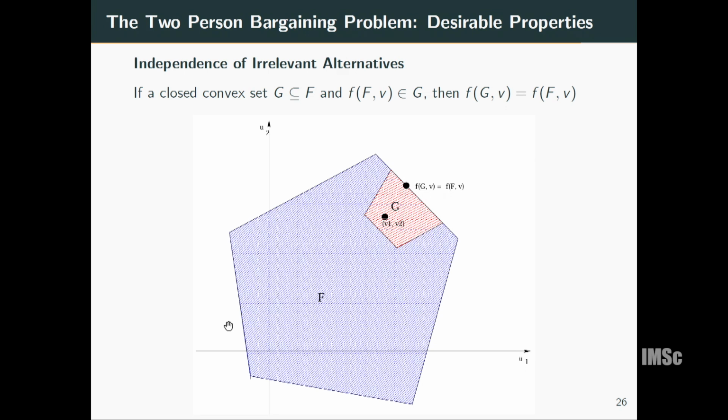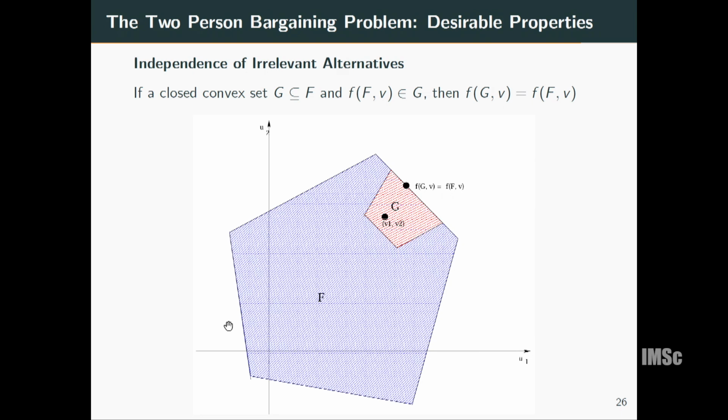If I had this entire space F and my solution is this, and now I consider another subset G which is this, and the solution is still in G, then even if I say that my feasible set is not F but only G, the solution should not change. So, these points are irrelevant for this solution.